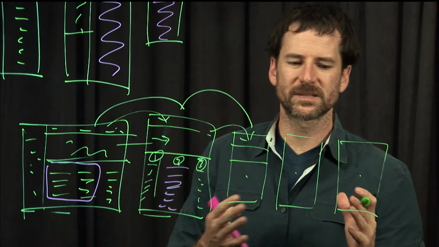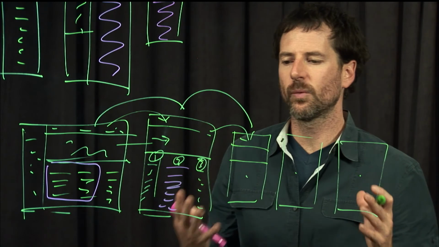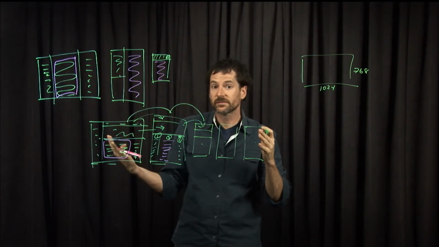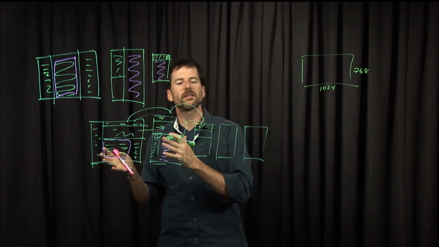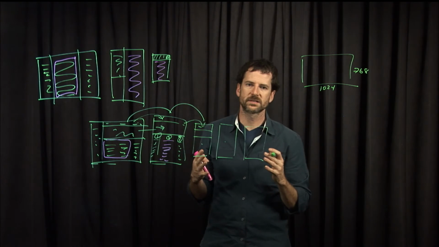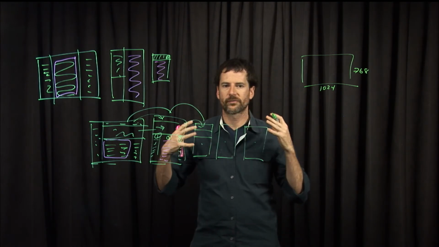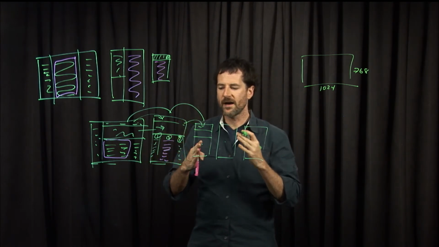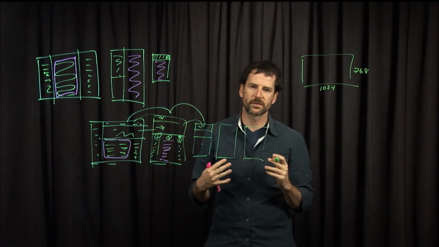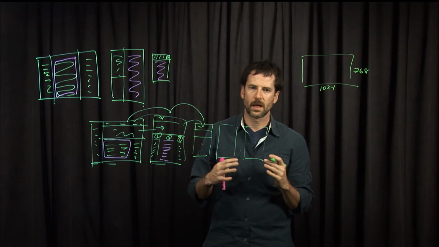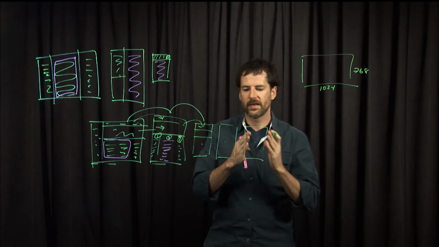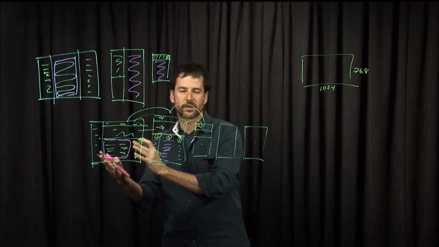Still, my experience has been it's hard to start with any one form factor. There's different reasons why you might want to start with each of these, but tailoring any one to the other can actually be kind of tricky. And so my experience is that you kind of want to start from the mock-up stage, having a couple of representative form factors and designing for each of them simultaneously.